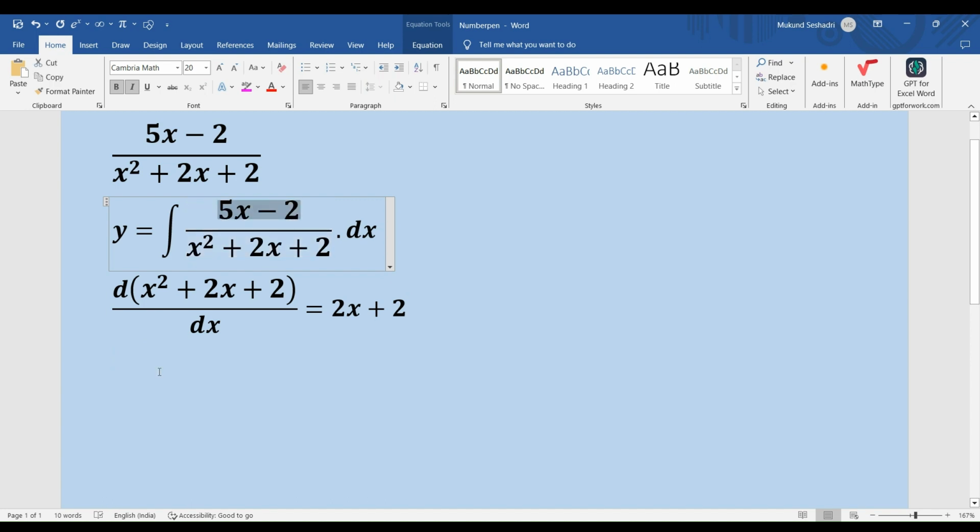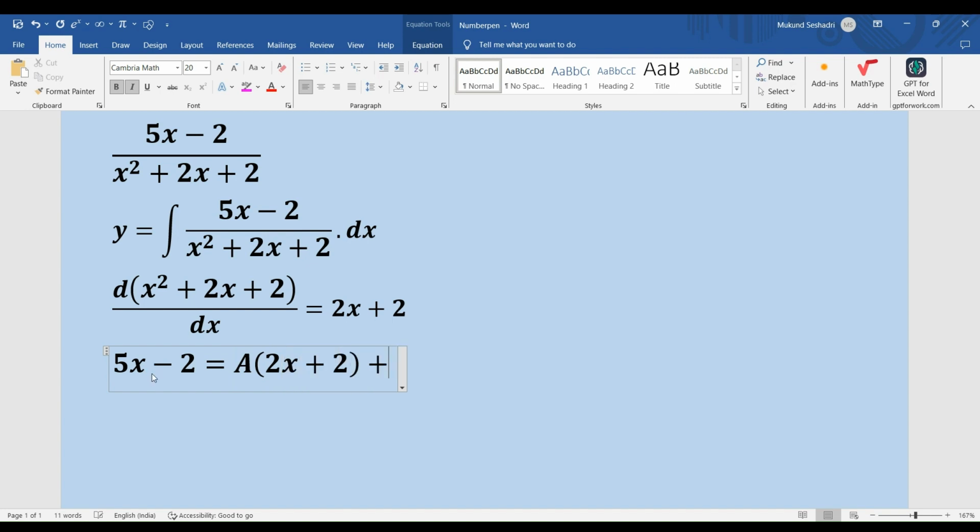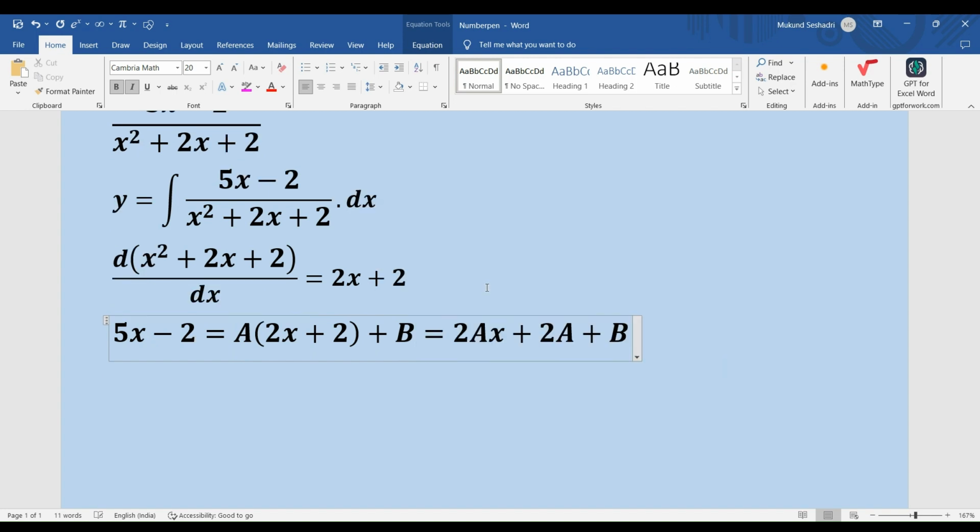So I copy paste my 5x minus 2. And if I want to write 5x minus 2 in terms of 2x plus 2, how do I go about doing this? Let me assume it is a times 2x plus 2 plus b, right? So this is the way we will express it, which means my a times 2x plus 2 becomes 2ax plus 2a, and then I have my constant b, right?